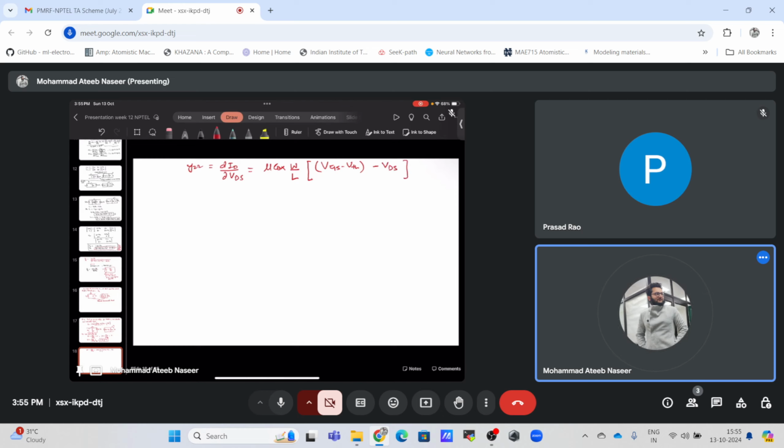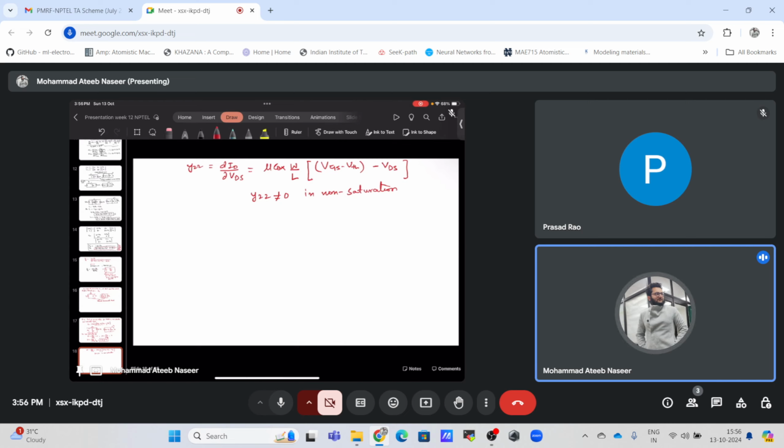Okay, so this is Y22. So this Y22 is not equal to 0 in non-saturation. But we want this Y22 to be equal to 0.